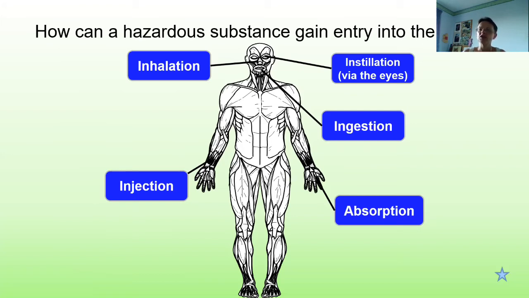Inhalation is the highest risk because anything that's in the air you're going to breathe in anyway. Ingestion tends to be the lowest risk from a workplace perspective, highest for food poisoning, but lowest from a workplace perspective.